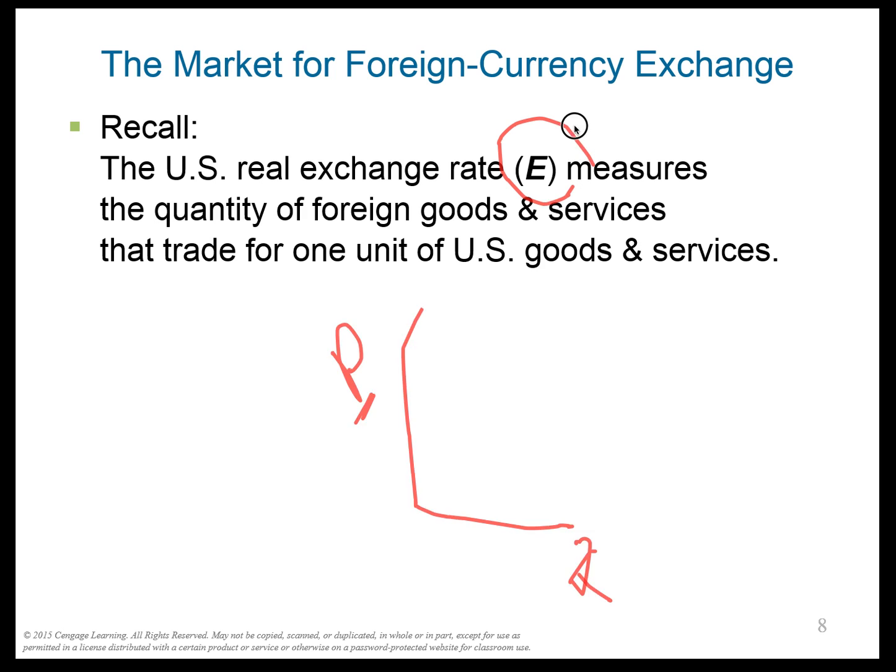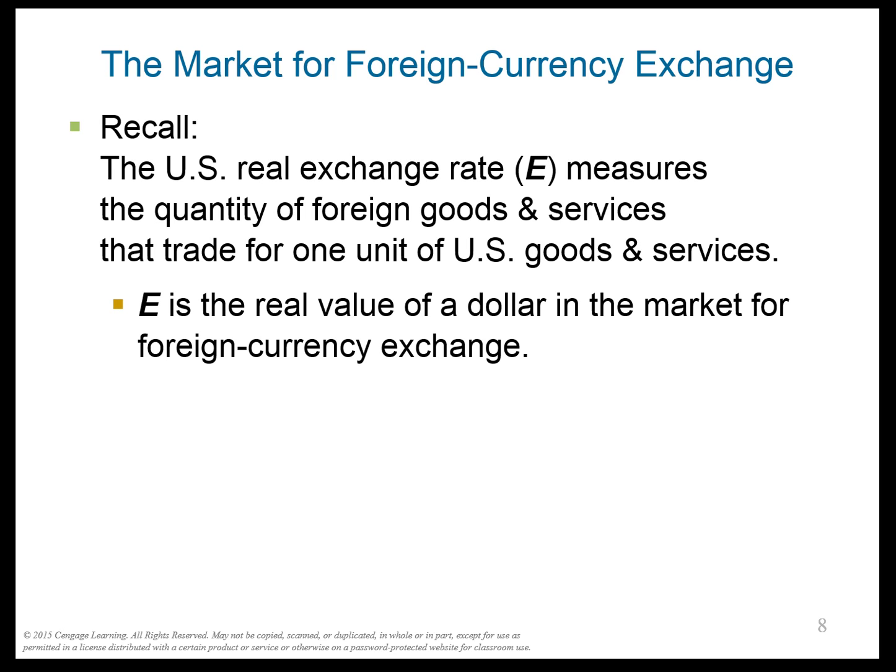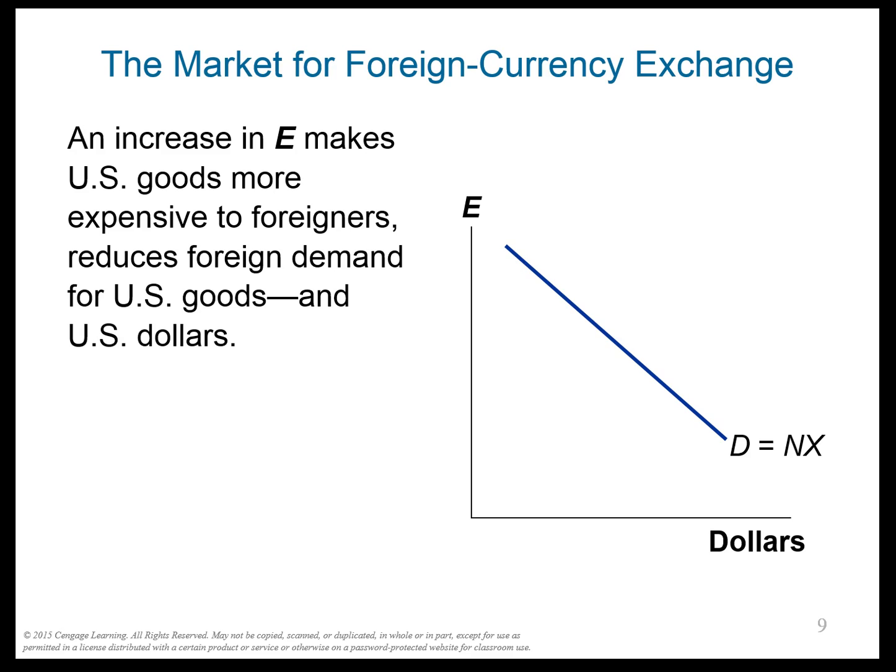It's just the exchange rate, right? E is defined as the real exchange rate, so the number of goods that a U.S. good can buy when I exchange it into dollars. So that's the price or the value of a dollar on the foreign exchange market, okay? So we use that on the y-axis as the value of our dollar in the foreign exchange.